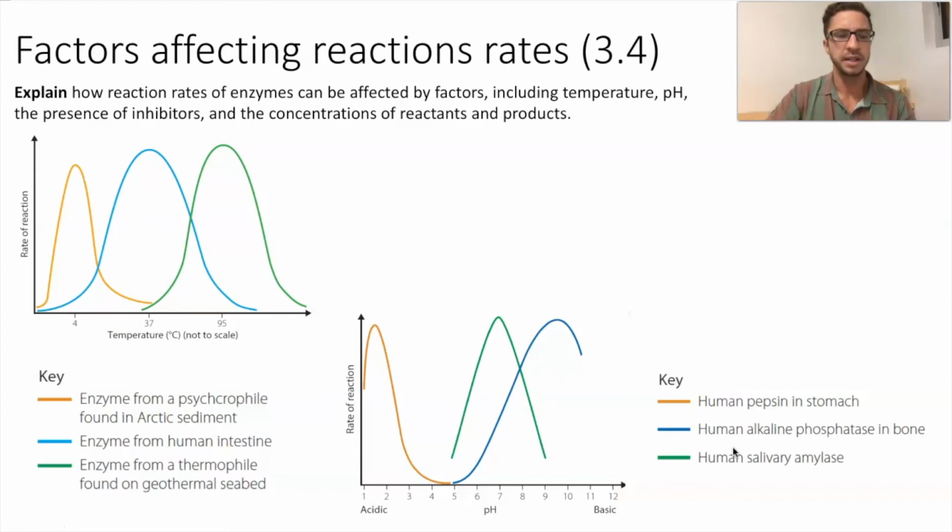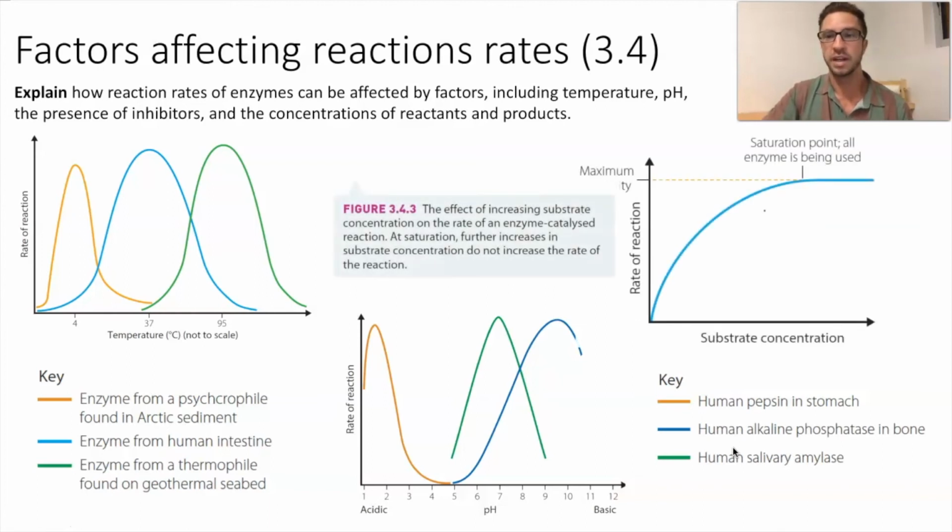So substrates and enzyme concentration can also affect reaction rate, because the more substrate there is, the more reactions that can take place until all the enzymes are working at working capacity. So that makes sense. The more substrate there is, the more that can take place until like all the enzymes are being used up, basically. Then it reaches what we call saturation point.